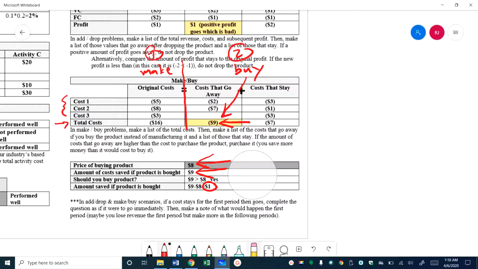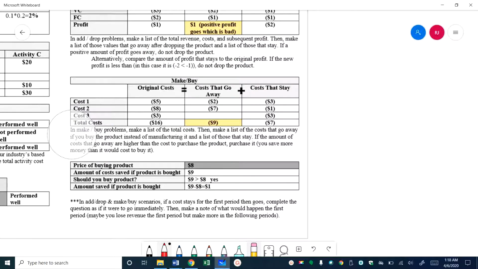Again, because you're saving $9 in costs, but you're incurring a new cost of $8, you're saving $1 per item if you buy it. Therefore, you want to buy it, because this would be good for you.